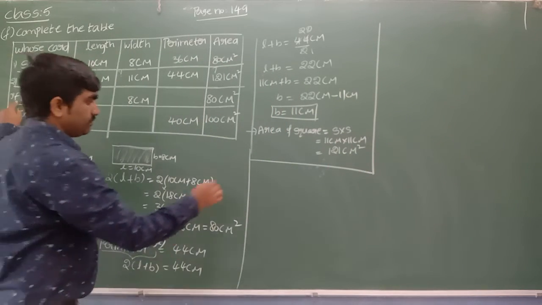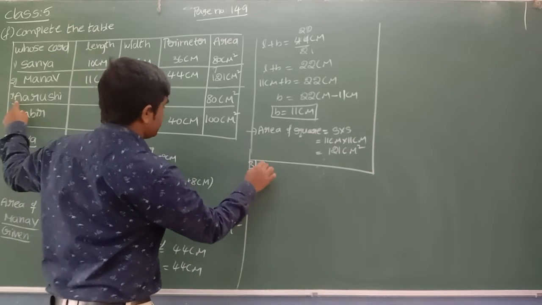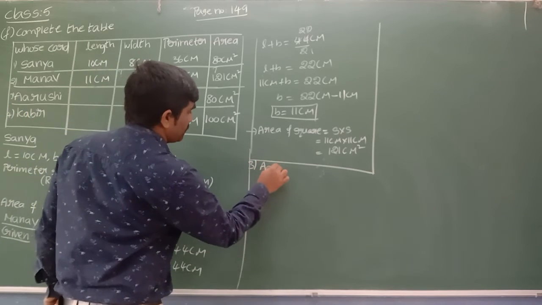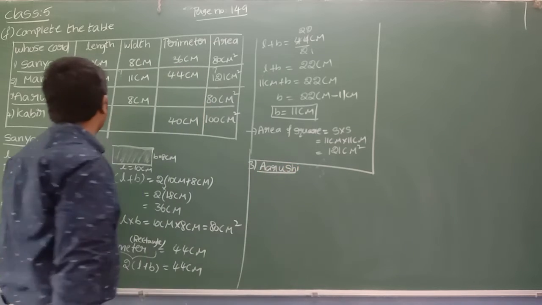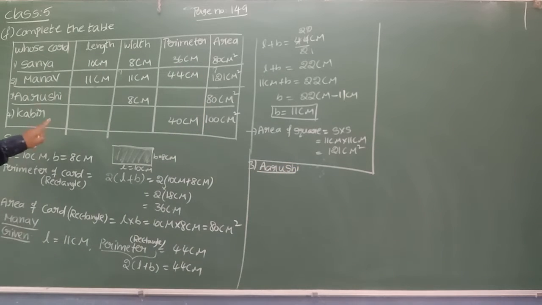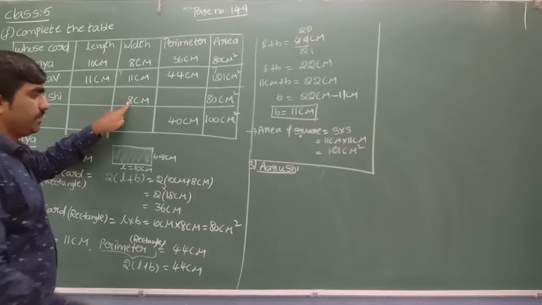ROC. The third one is the card prepared by ROC. Yes. Here, the length we don't know. Sorry, for ROC the length we don't know. The width is 8 centimeters.